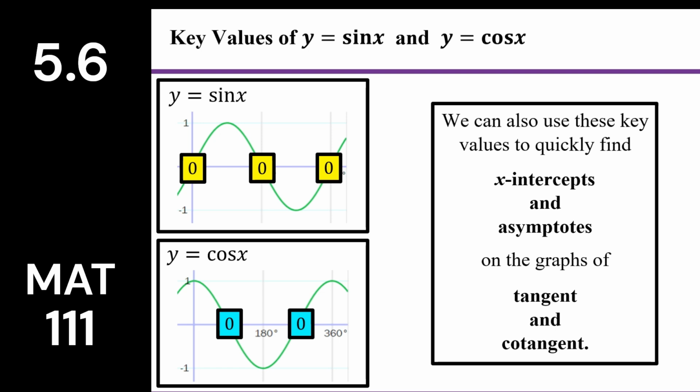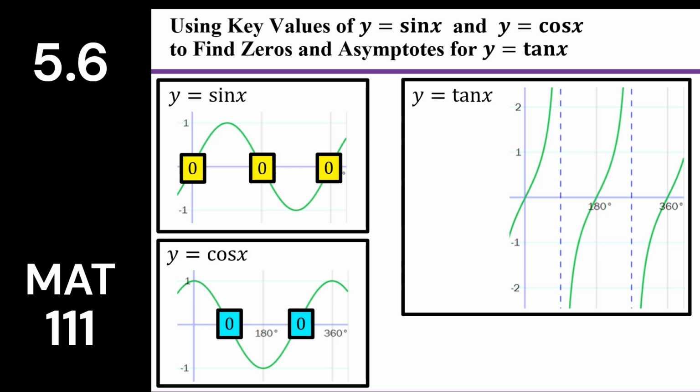Specifically, we'll look at the zeros of the sine wave and the cosine wave, and we'll apply that to our tangent graph. First, we need to recall that the tangent has a quotient identity. The tangent of x equals the sine x over the cosine of x. Anytime that the sine is at a height of 0, the numerator of this tangent fraction will be 0, so the tangent will also be 0.